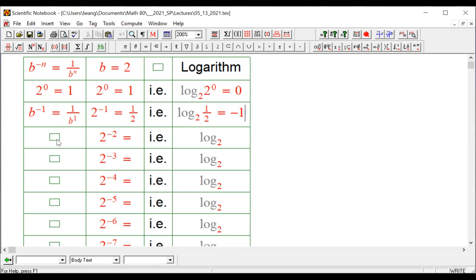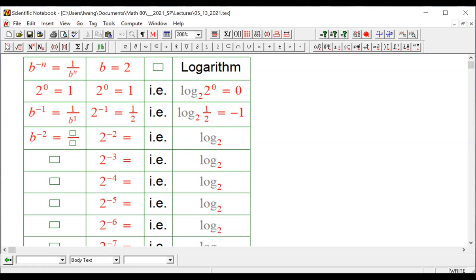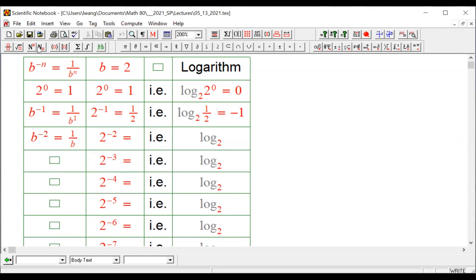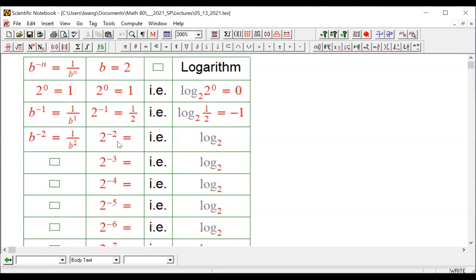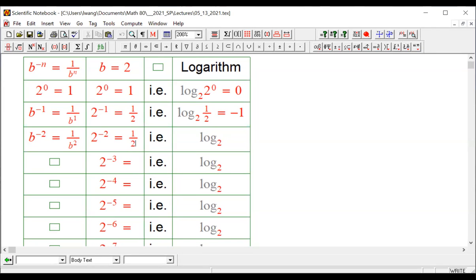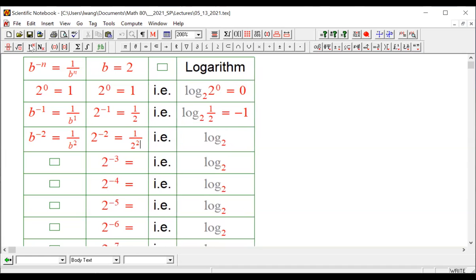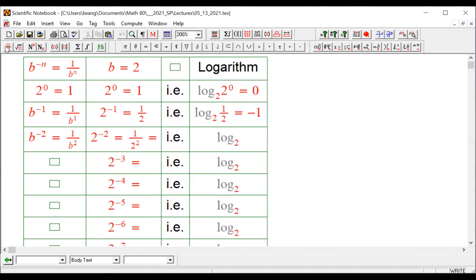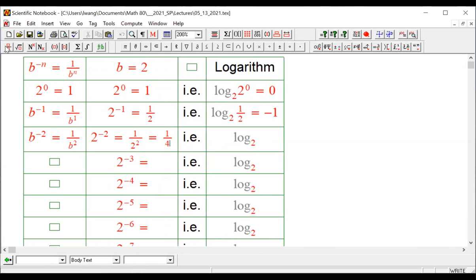So I want you to practice, okay? b raised to the power -2 equals 1 over b squared. So when b is 2, this is going to be 1 over 2 squared, equals 1 over 4.